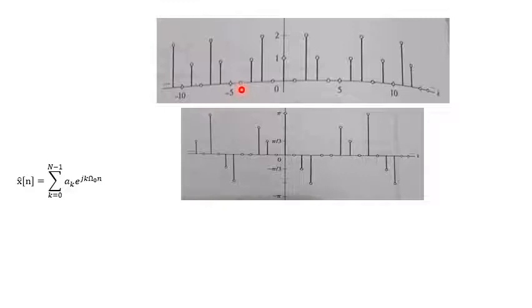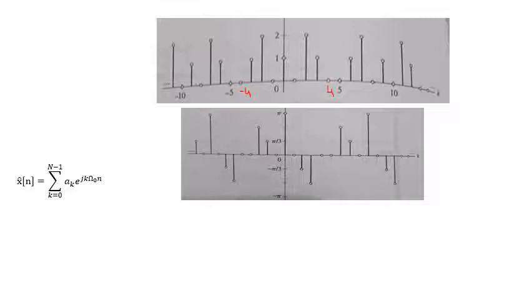So we have 0 here, and if I just write here, for example, this is minus 4, and this is plus 4. So if you look carefully, you can observe that from minus 4 up to plus 4, afterwards it is repeating.